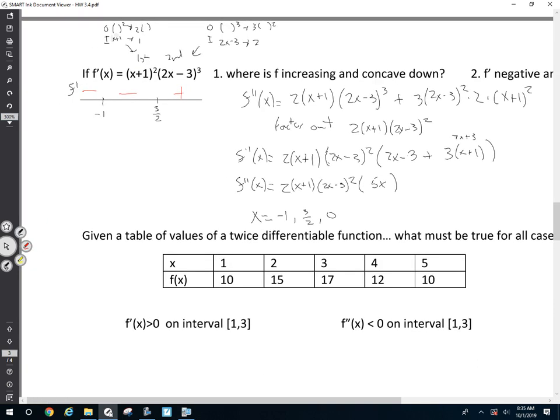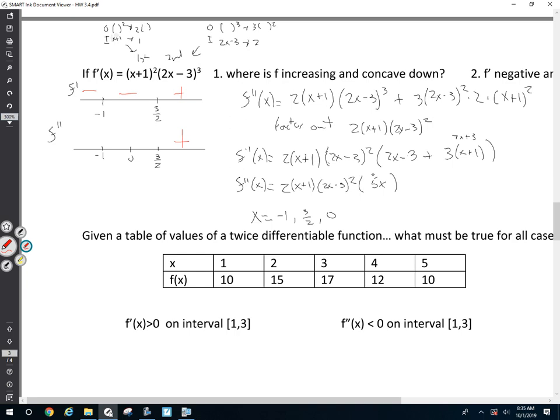Okay, so f double prime: -1, 0, 3/2. Sign analysis. All right. Positive, positive. This is always positive. That's good to know. So positive, definitely positive, positive, positive.